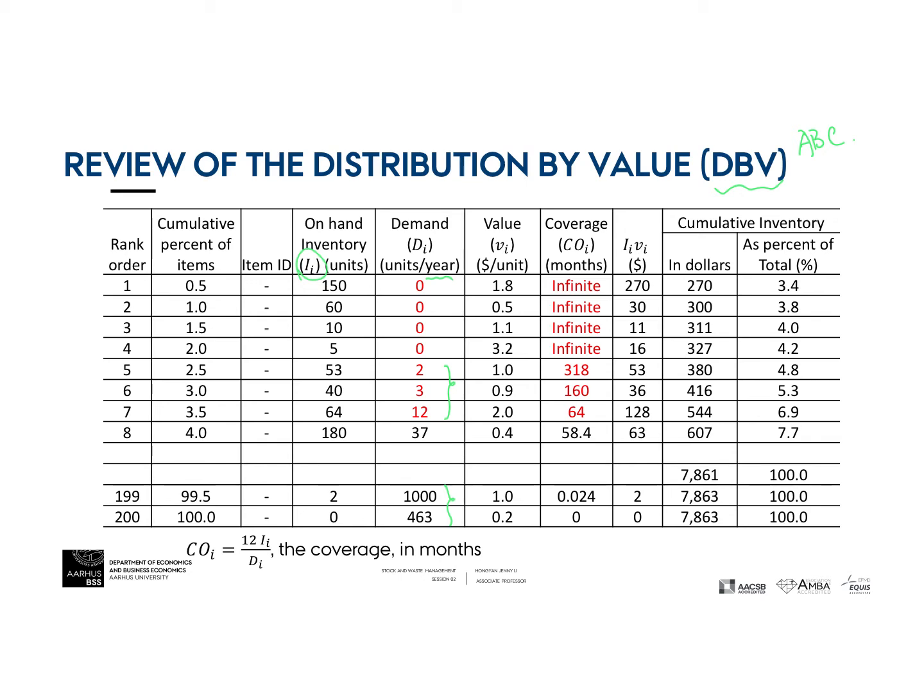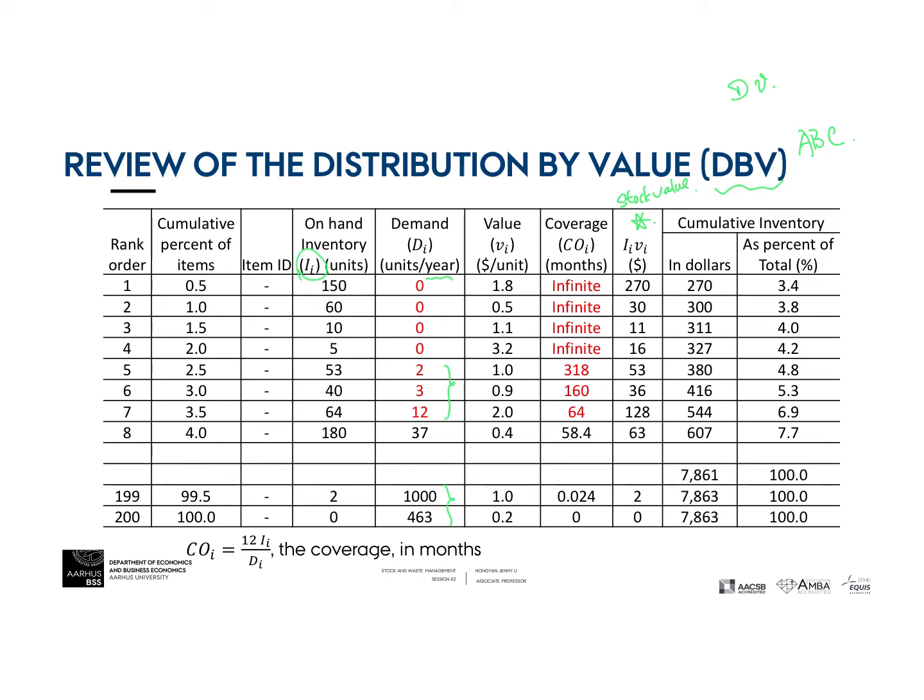Here we do not calculate demand times value. We're more interested in the inventory times value. In this column, you can see we calculate I, the on-hand inventory, times the value of each unit. These are the stock values of these items.